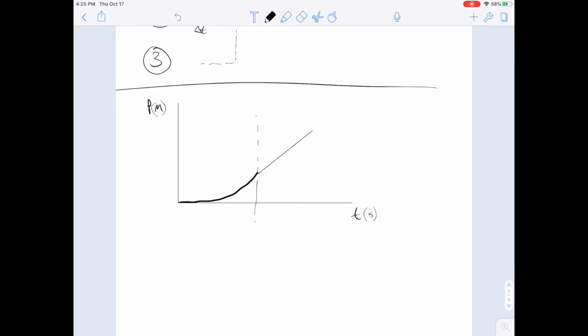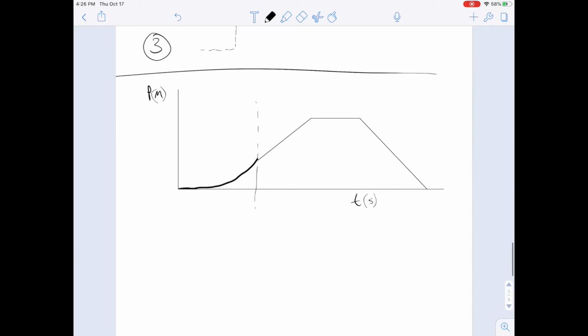This is going to be a perfectly straight horizontal line. And then we're going to go flat, and we'll see what that means in a second. And then after that, we're going to go back to where we started. So we can break this graph up into 1, 2, 3, 4 discrete regions.